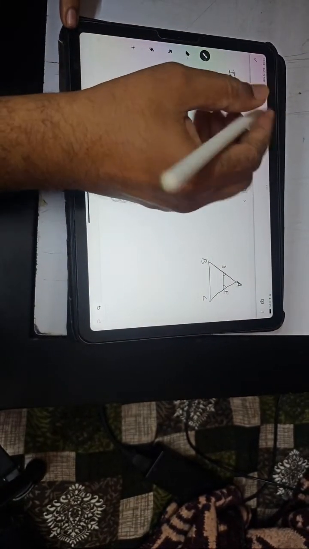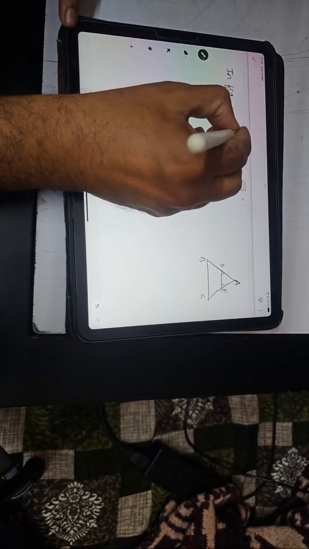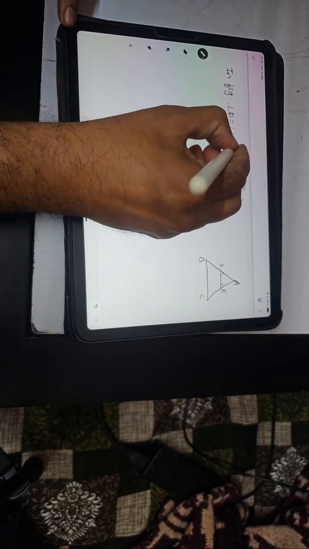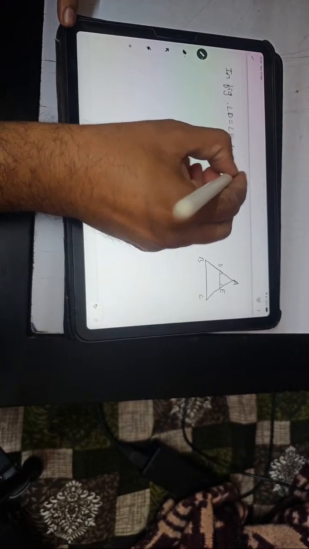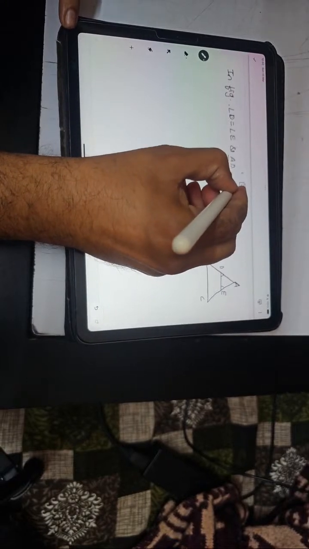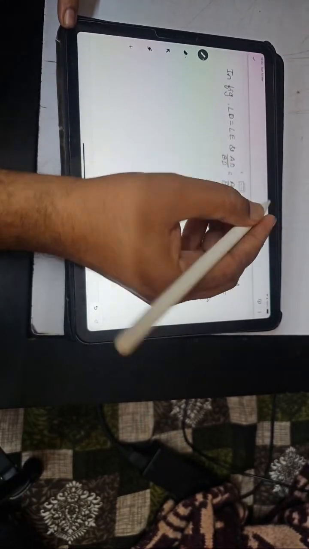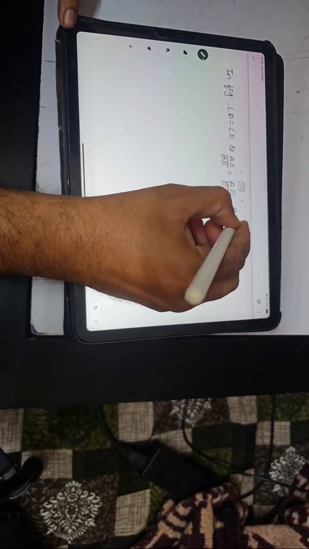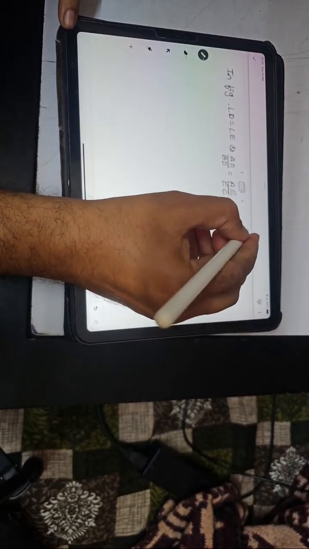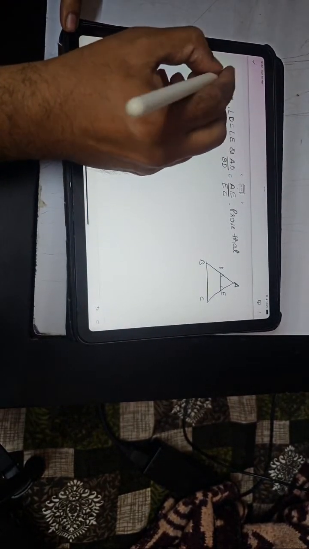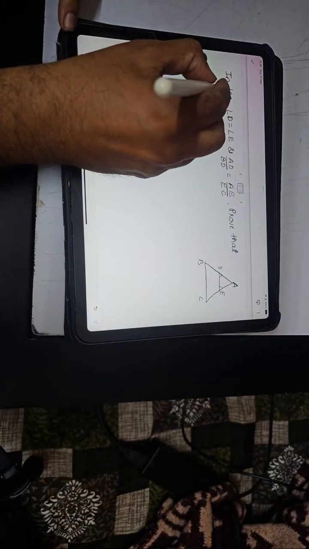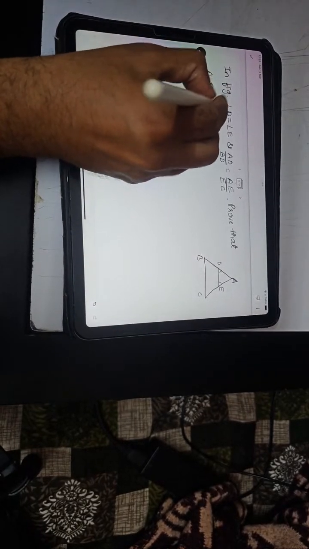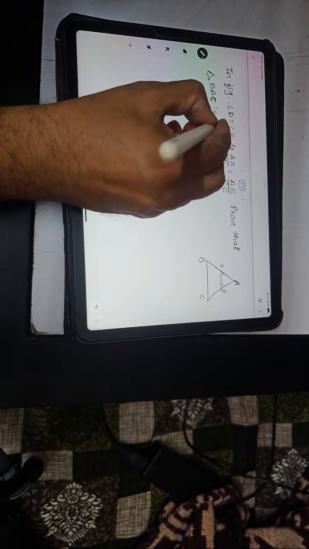Angle D equal to angle E is given, and AD upon BD equal to AE upon EC is given. So prove that triangle BAC is isosceles triangle.